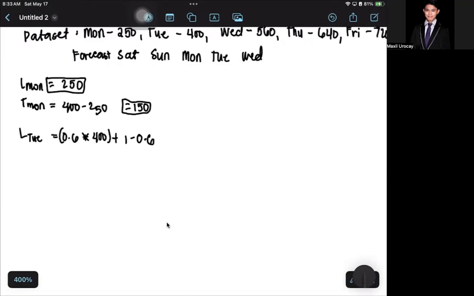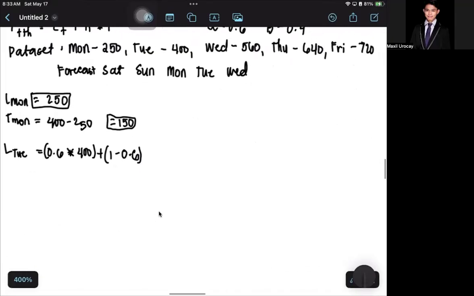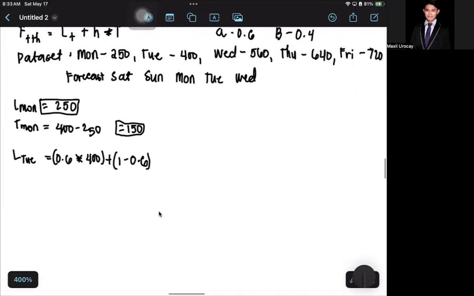Okay, that works. Then afterwards, your formula is level t minus 1 plus trend t minus 1. So your level t minus 1, that is the level of Monday because we are already in Tuesday right now. That is the previous level and the previous trend.